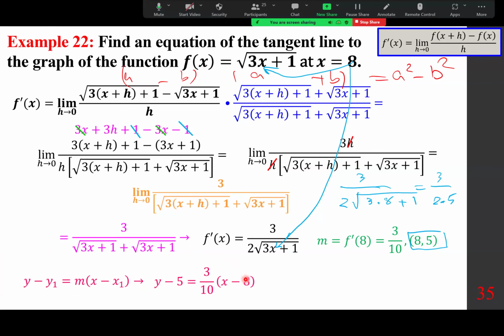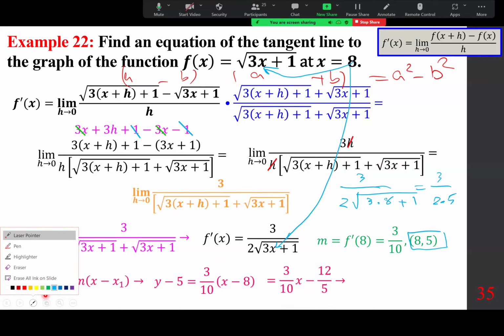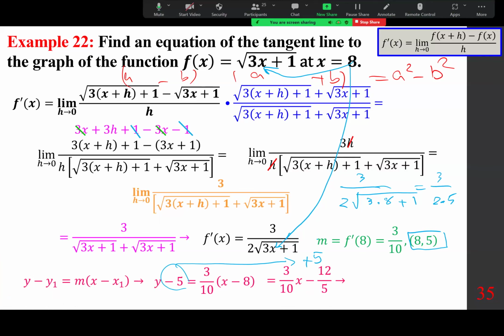minus 24 divided by 10 or 12 over 5. 3 times 8, 24 divided by 10, 12 over 5. And negative 5 is going to move to the other side, becomes positive 5 or 25 over 5.